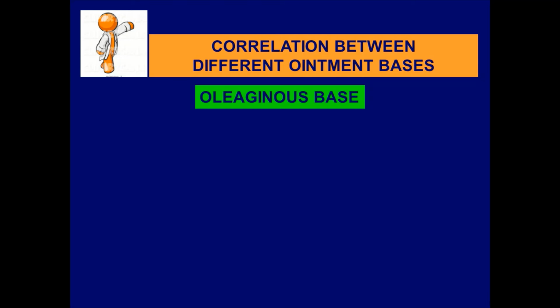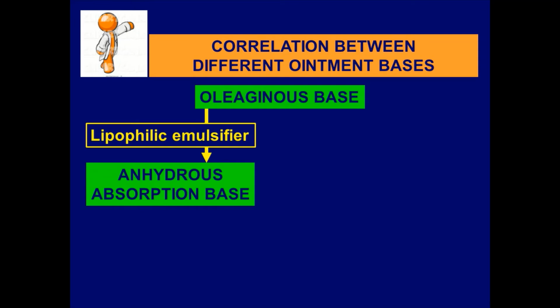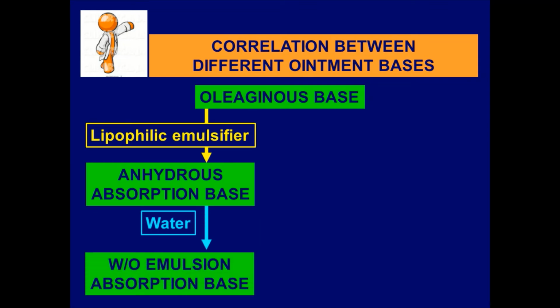So from oleaginous ointment base, I can prepare, for example, anhydrous absorption base by adding lipophilic emulsifier. So you get anhydrous absorption base. To convert this anhydrous absorption base to water in oil emulsion absorption base, you just add water.